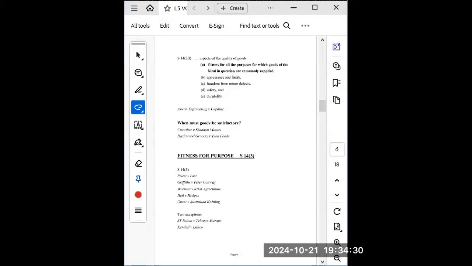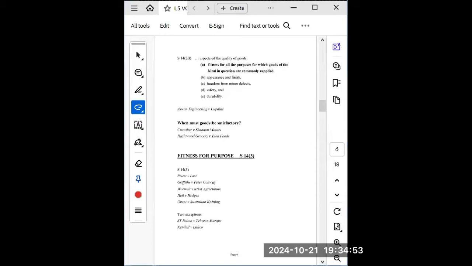Well, it's very difficult, this, but I suppose it doesn't sound very likely, does it? I mean, 14.2(b) does say for all purposes, but I think we can probably argue that 14.2(b) is just talking about an aspect of quality.